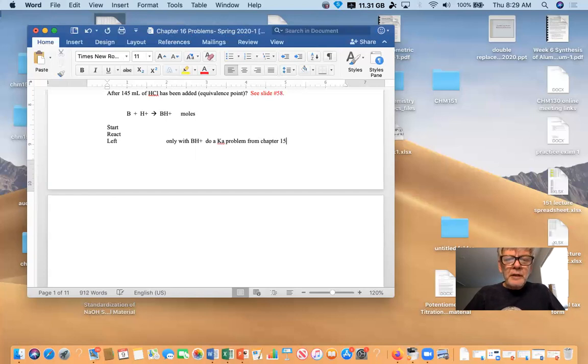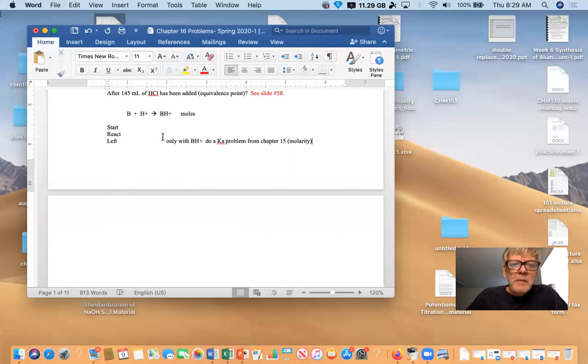from chapter 15. But we have to note that our Ka problems from chapter 15 are in molarity, whereas this is in moles. So we can't take the number that we get from right there and put it directly into our Ka problem.